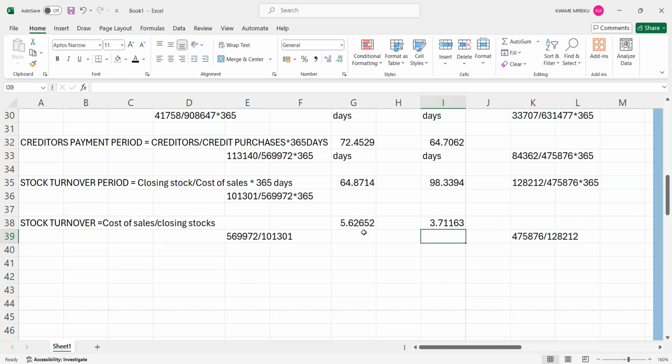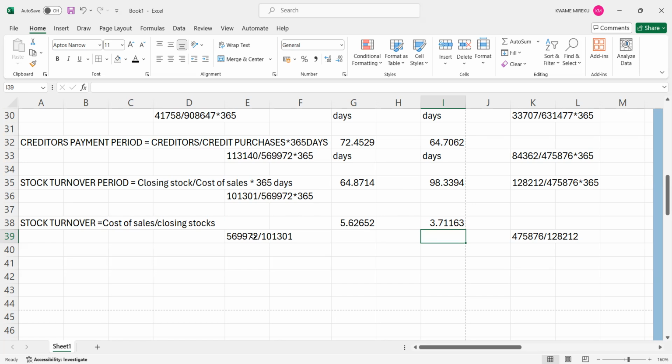So on average, we ought to sell our stock almost 7 times in a year, whilst for 2022, it was just about 4 times in a year. Yeah. So still, it will give you the same response. So we have improved the number of times we are able to sell our stock.